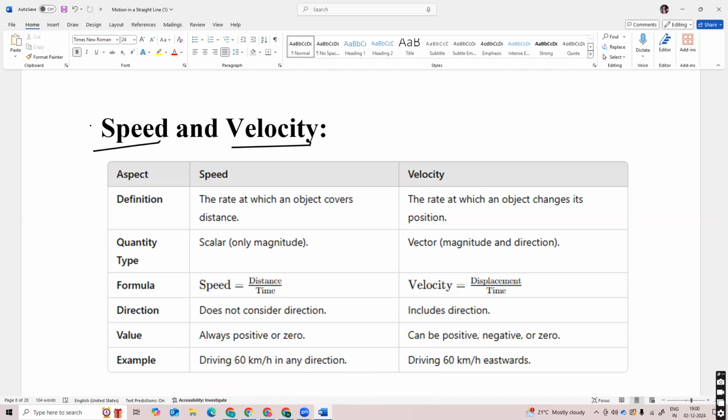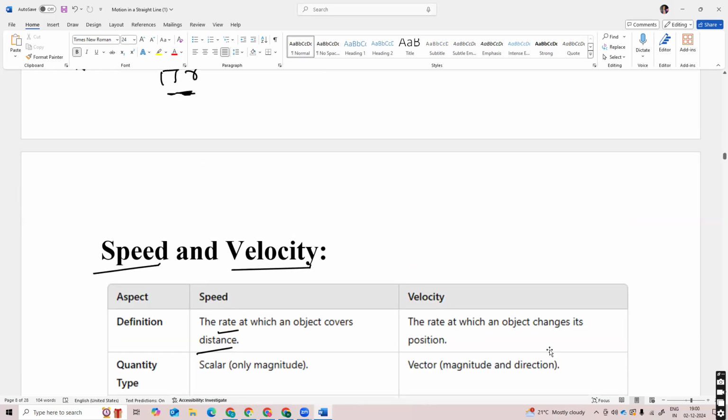Speed is the rate at which objects cover a distance, or you can say speed is distance per unit time, or distance covered by an object per unit time.